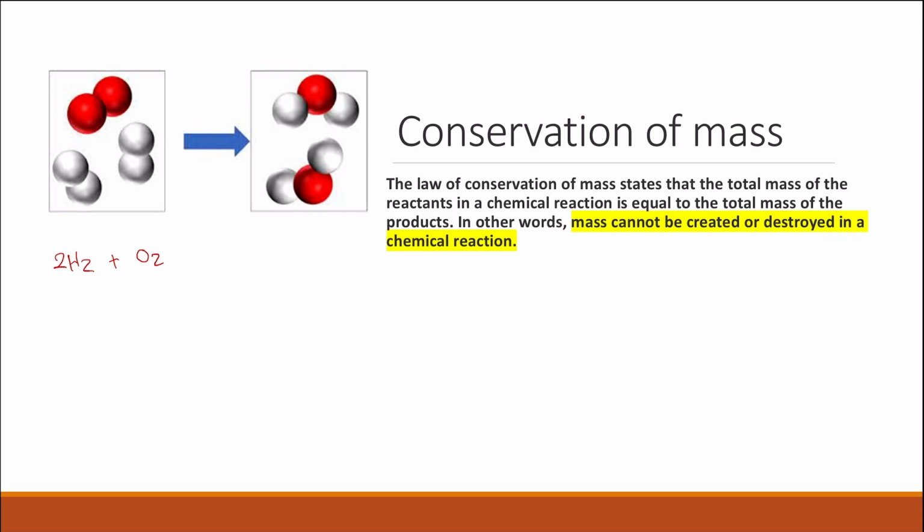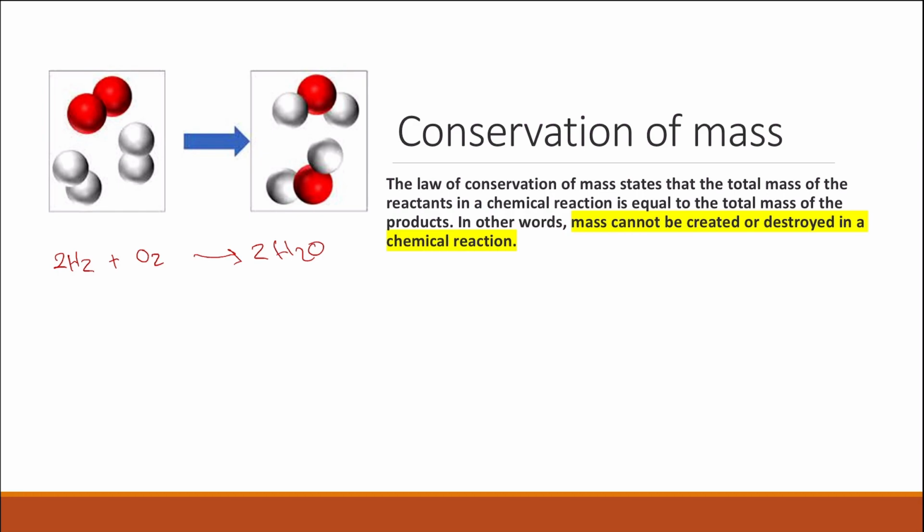When they react, they give you two new molecules of a product, which is water. So this gives you two waters. As you see here, all that happened is that the atoms have been joined in a different way. No atoms have been lost. They just joined together in a different way to give you the product.